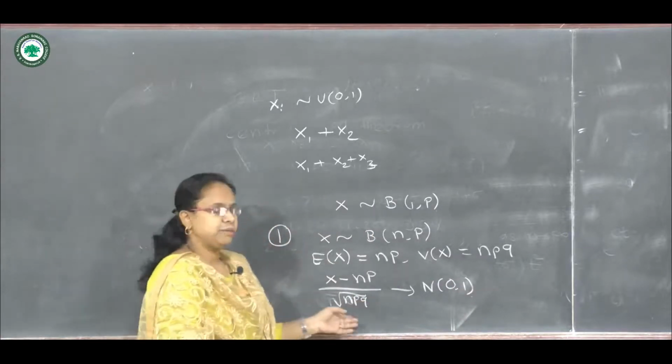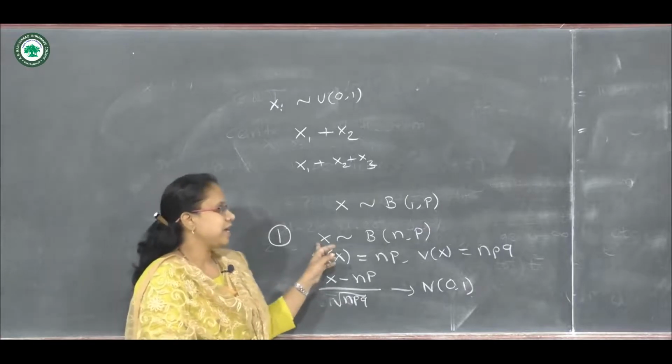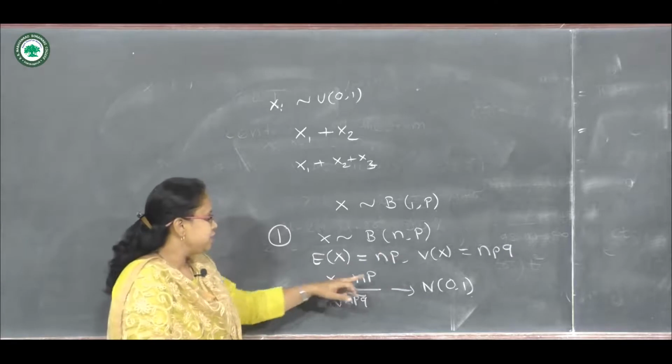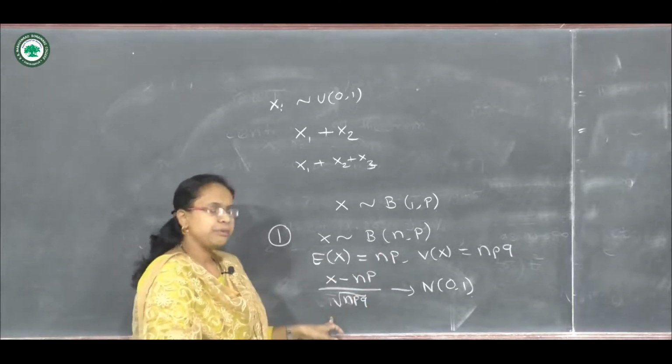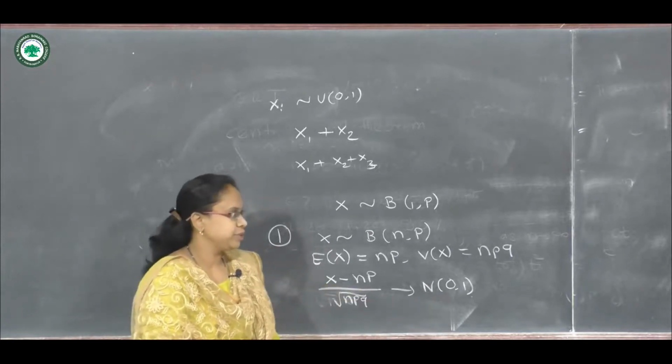The proof of this statement is not included in your syllabus, but here we can see that x is binomial and the distribution of this transformation converges to standard normal distribution.